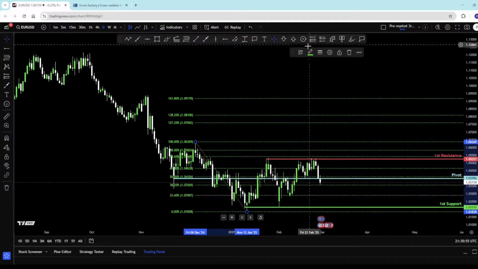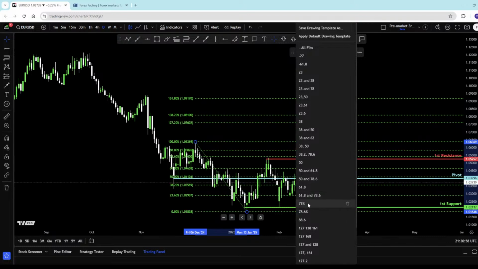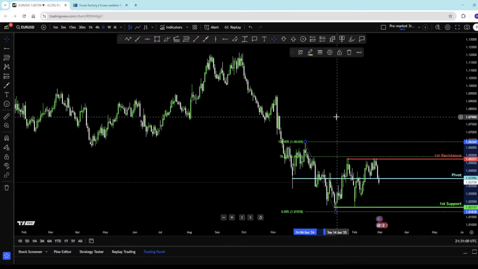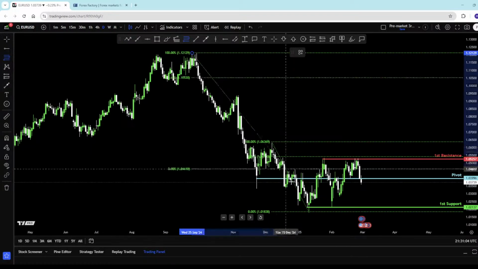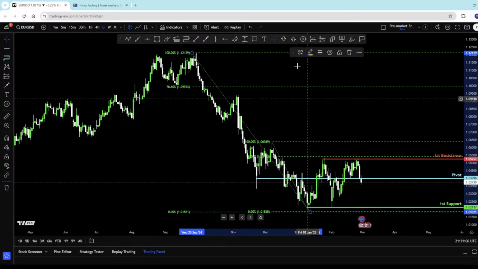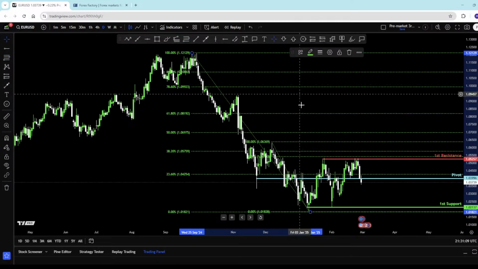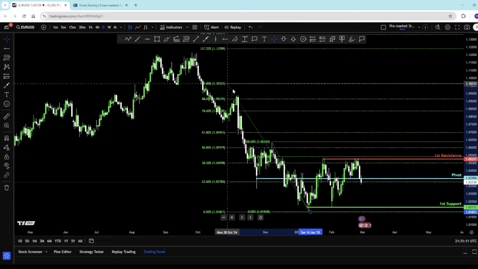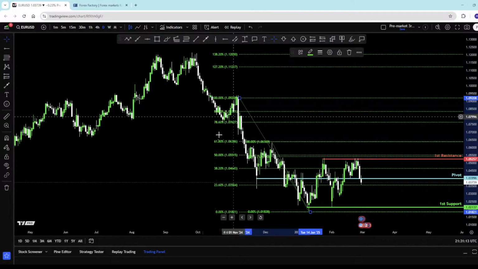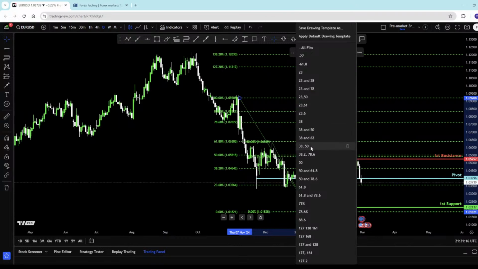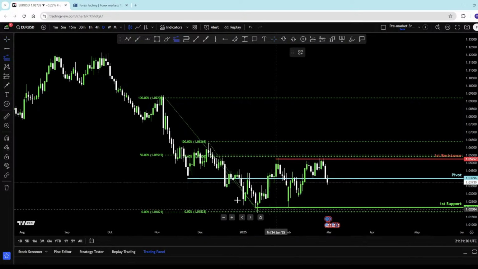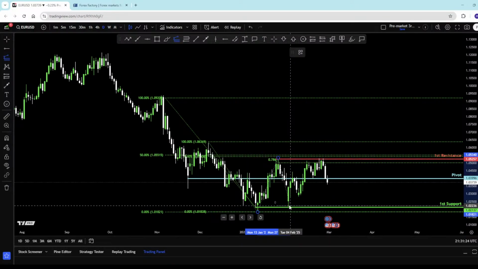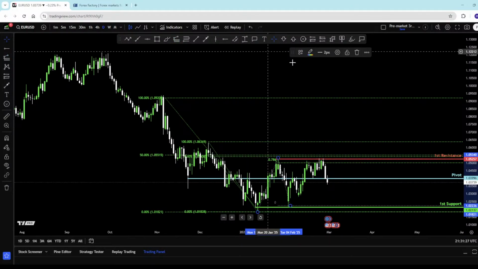Okay, here my 78.6 lines up nicely with our first resistance. My 50% also lines up with the first resistance. 78 lines up nicely.